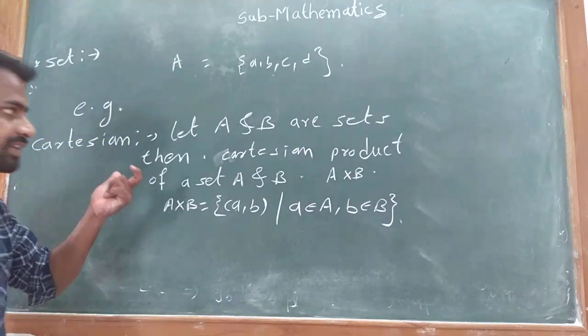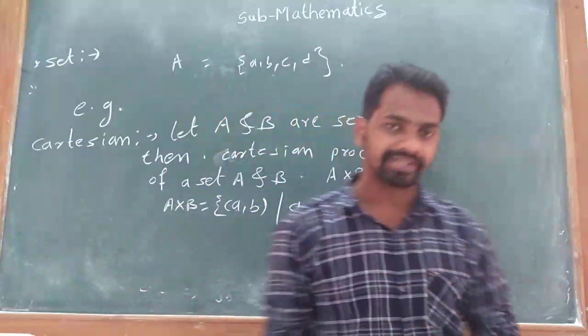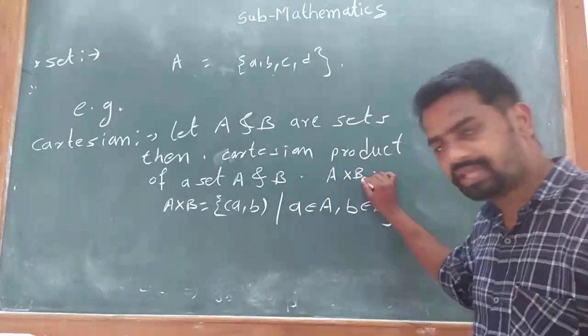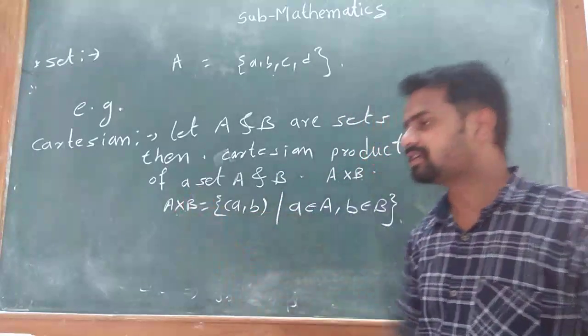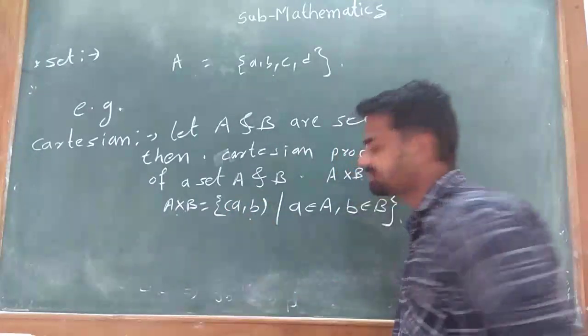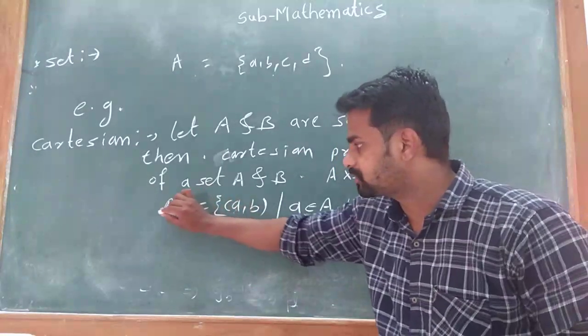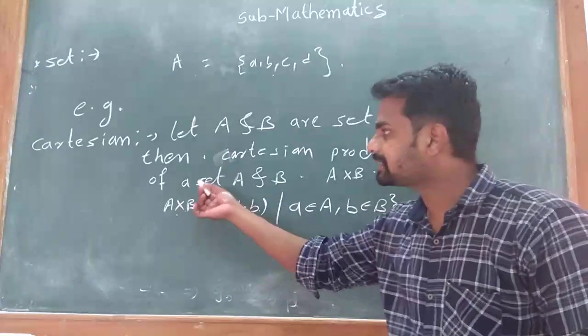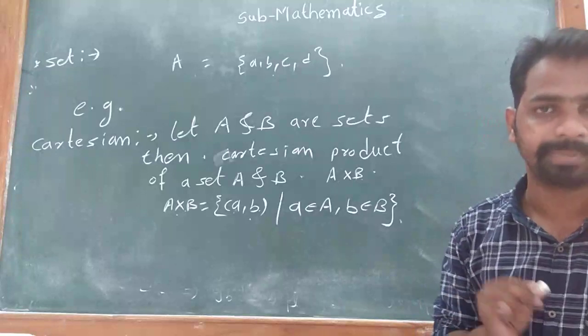What is the definition of Cartesian product? Let A and B be two sets, then the collection of all ordered pairs (a, b) such that the first element belongs to A and the second element belongs to B is called the Cartesian product of A and B.